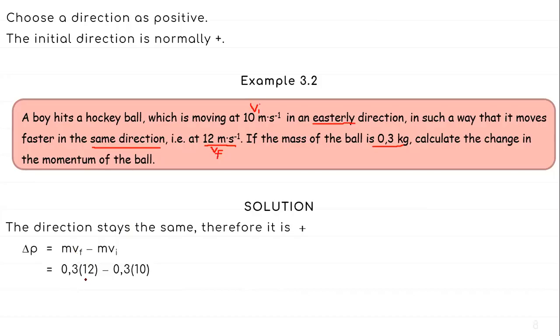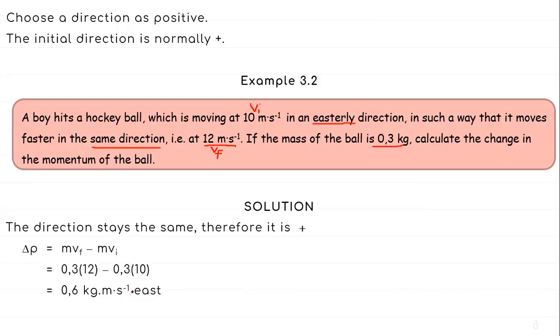So for VF, I will substitute the 12 minus, which comes from the formula, the mass is still 0.3, the initial velocity is 10, the speed that it had before. Then you do your mathematics, you find that it gives you 0.6 kilograms dot meter per second.